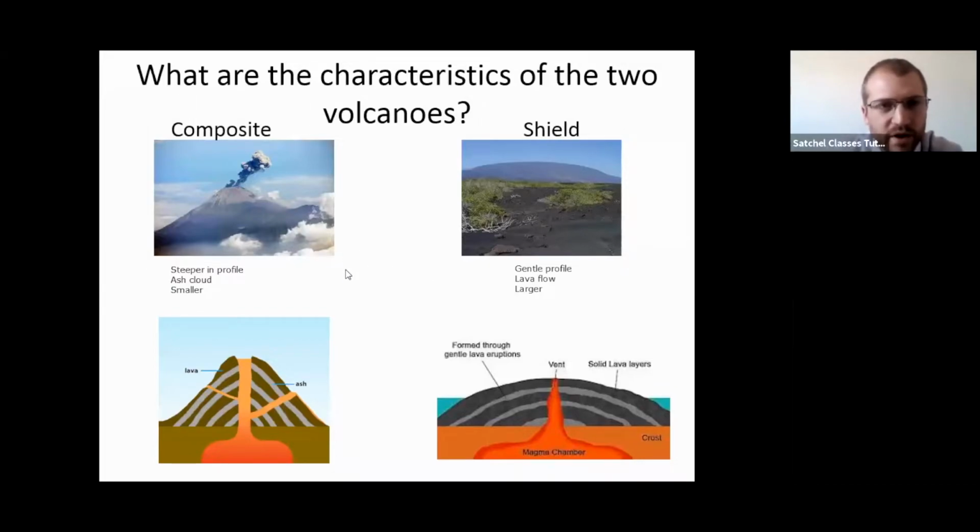Now, if we look at the diagrams just below each one, respectively, you'll see that they're created in a different fashion. So the shield volcano will have the vent where the magma comes from right at the very top center, and that's exactly the same as our composite.